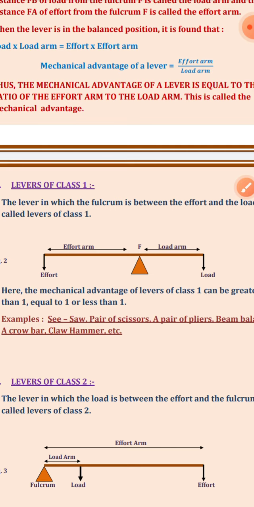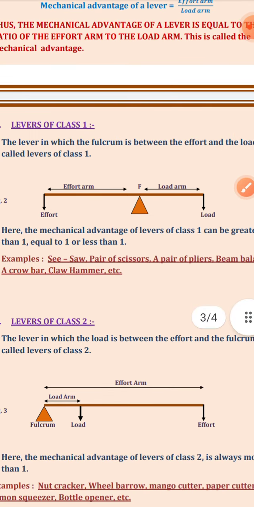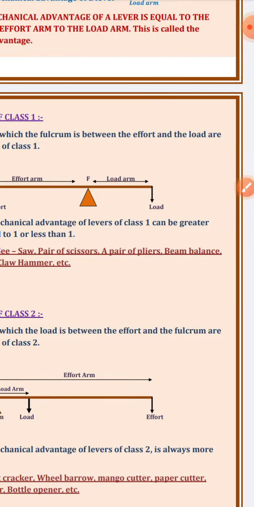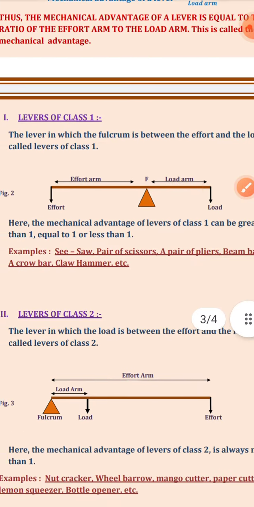And if the fulcrum is in the middle and no distance is greater or smaller than the other, then we can tell that it is equal to 1. Some examples are a seesaw, a pair of scissors, a pair of pliers, a beam balance, a crowbar, and a claw hammer.